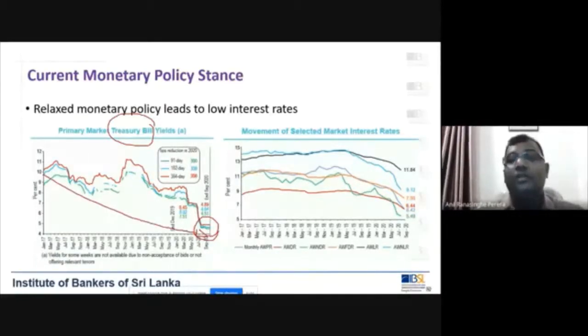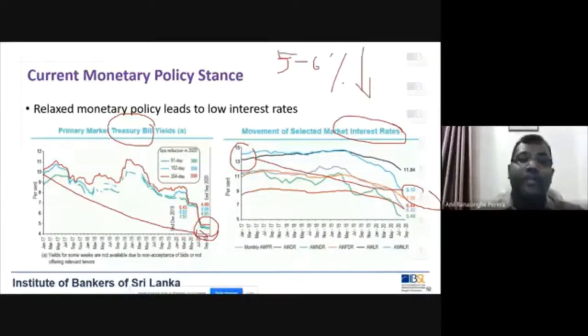Other market interest rates, from about 15%, have now come down to around 9-10%. So more than 5-6% reduction in interest rates has happened due to the relaxed monetary policy stance.